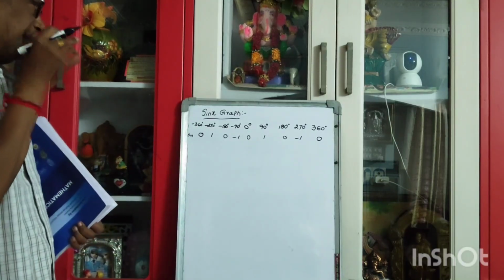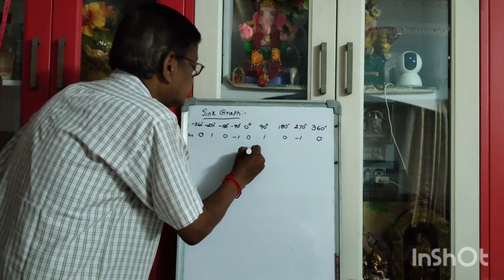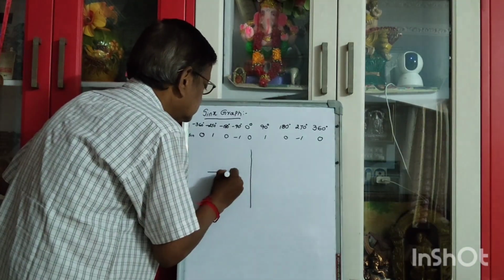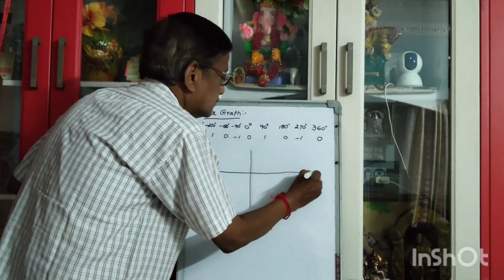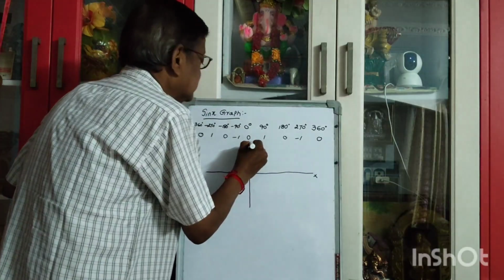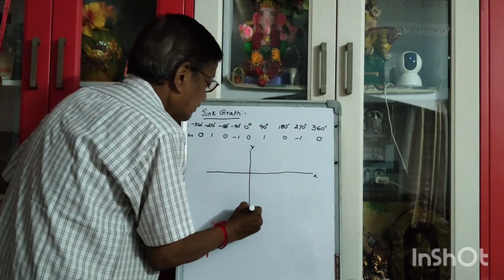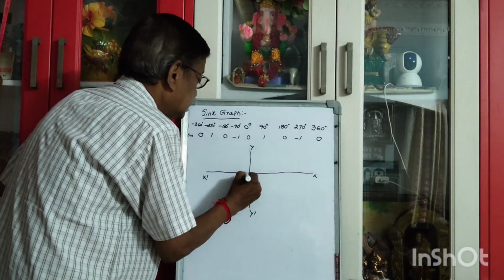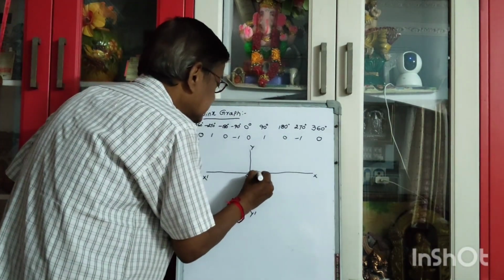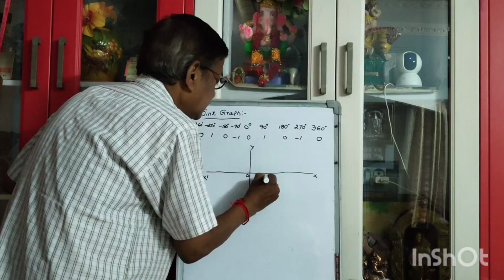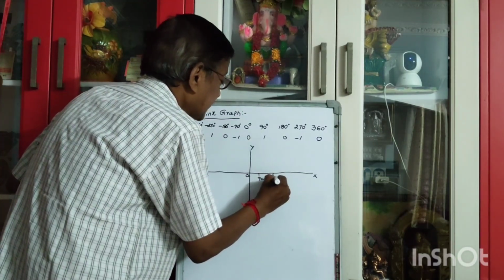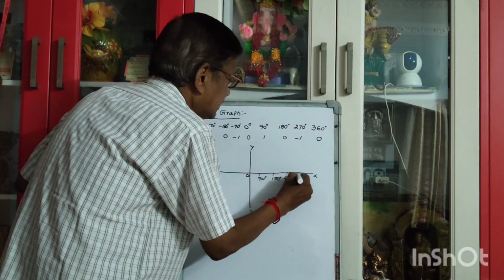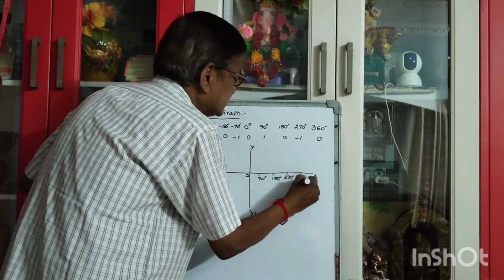Now, this is x, this is y, y dash, x dash. 0 degrees, 90, 180, 270, 360 degrees.